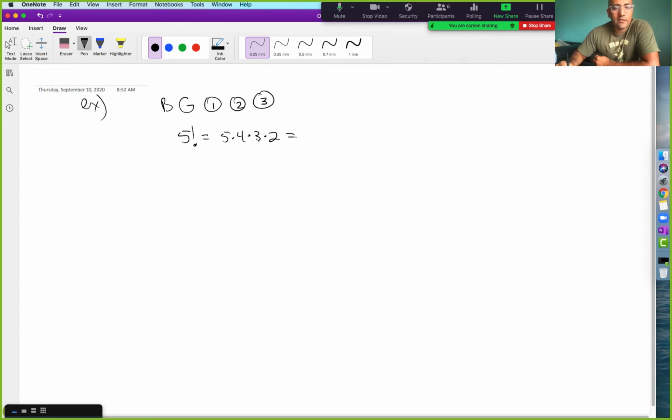So that's going to be 6 times 20, which is 120 ways to completely rearrange all 5 markers, taking into consideration the numbers so that they're all unique.